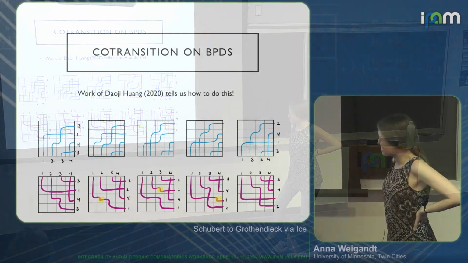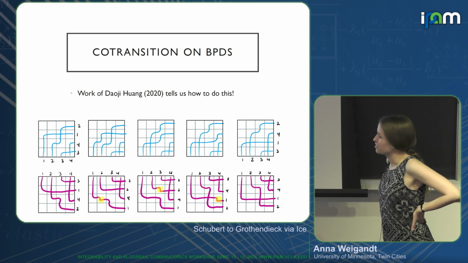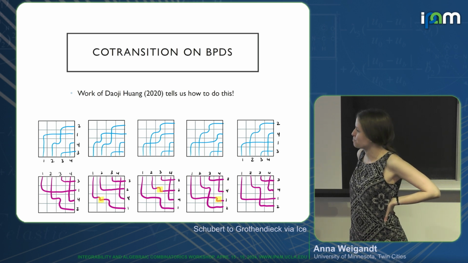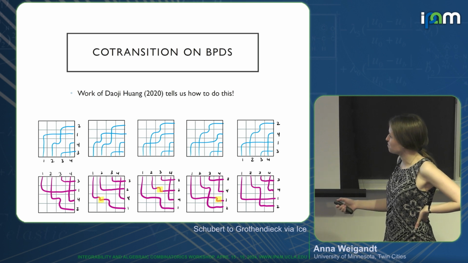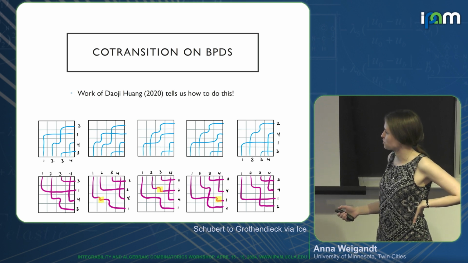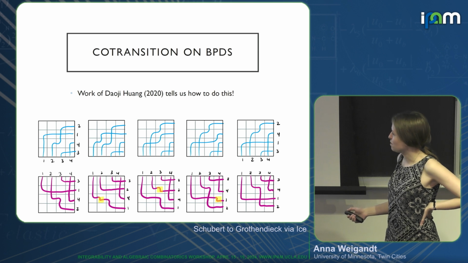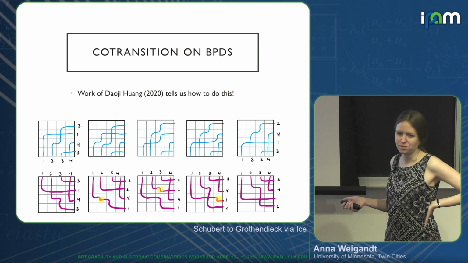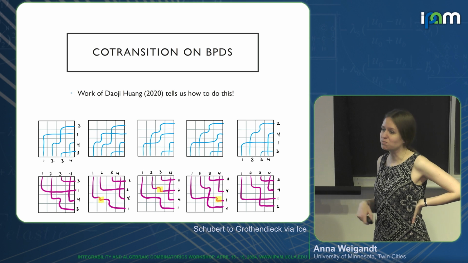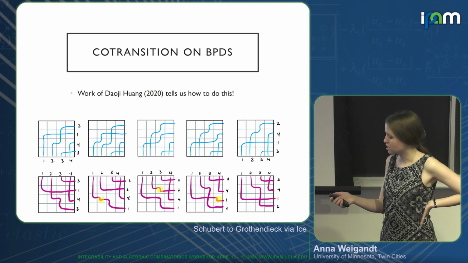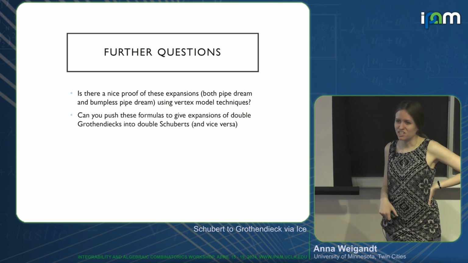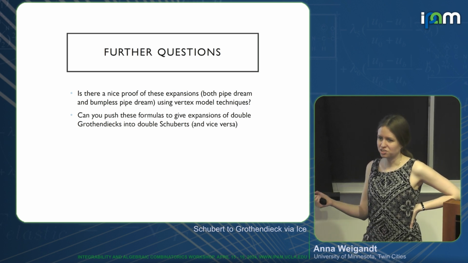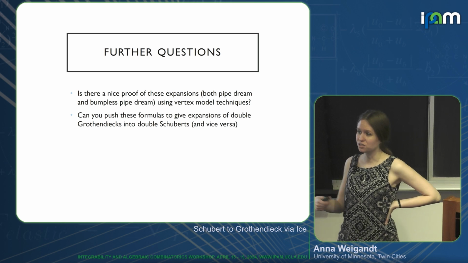And then the technical fussy part is looking at what happens with the co-bumpless pipe dreams as you go. But you can show that you can group some of these moves into permutation preserving things. And then maybe at the end you get an extra little flip, an extra little transposition that's mirroring what's going on on the pipe dream side of things. Okay. So that's the idea of the proof, that this canonical bijection is the connective tissue between the two types of formulas.